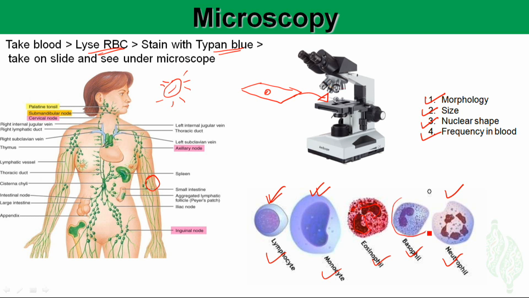Basophil has almost the same type of structure, and the neutrophil has multiple lobes on their nucleus with the same size of the structure, but they have the higher frequency in the blood, so you can easily distinguish depending on these criteria. So in this way, in the laboratory, we see the immunological cell under the microscope, and this is a very easy and simple way to see the cells under the microscope.